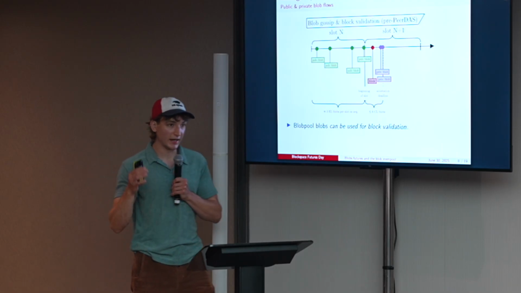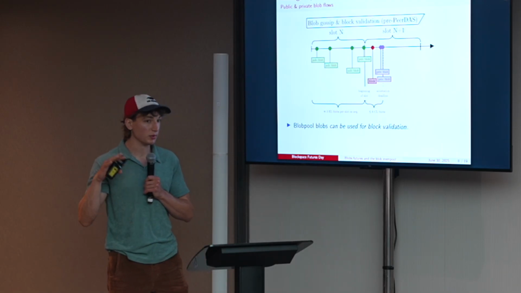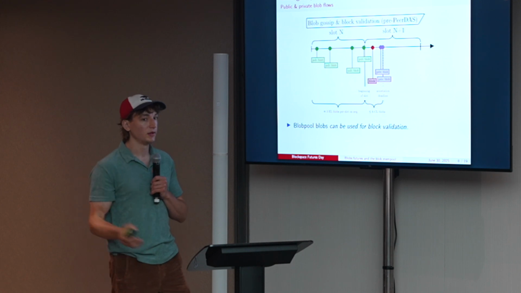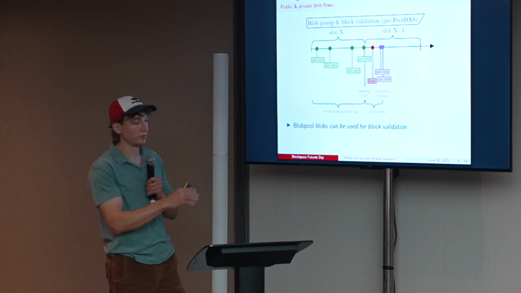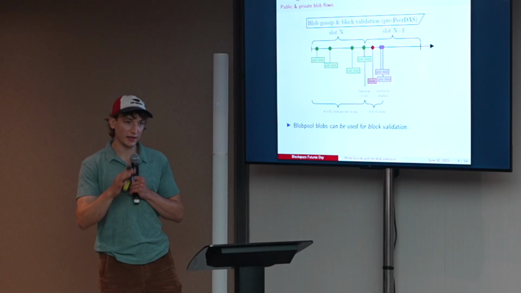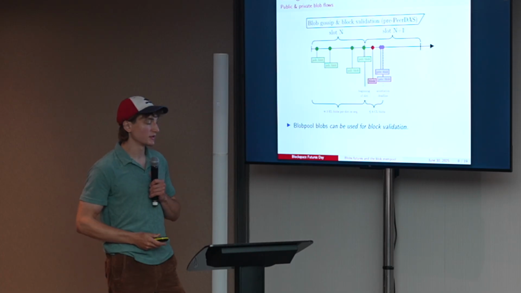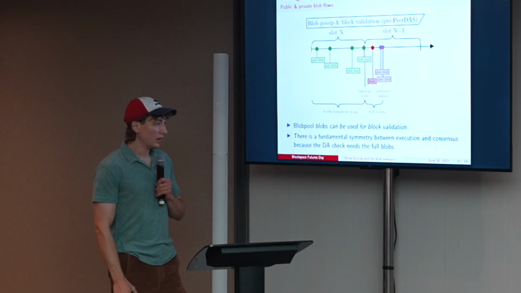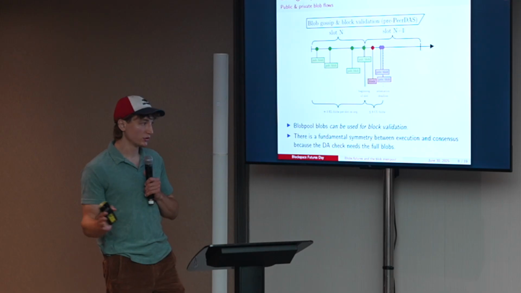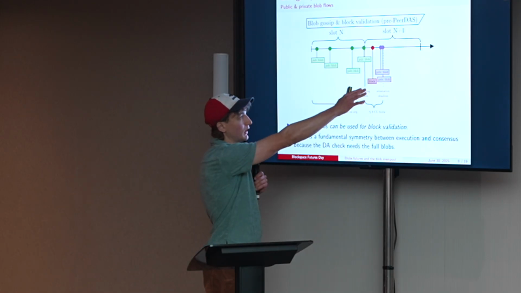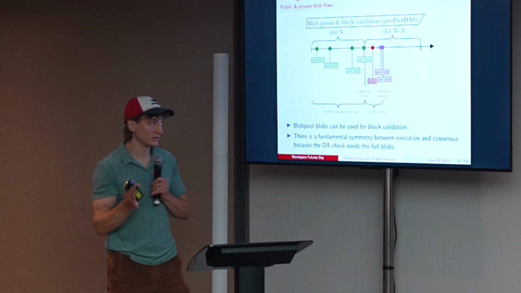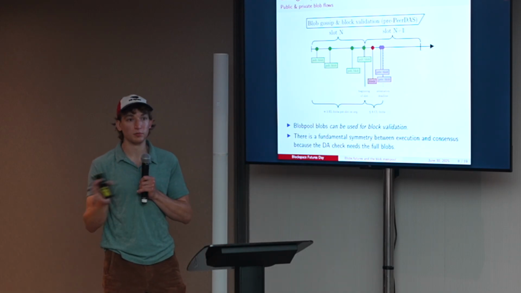And the consensus layer can ask the execution layer, hey, have you seen these blobs? Because I need them to validate my block. The EL will say, yes, I've seen 4 of them, but you have to go download the other 2. And that's how the processing happens. And importantly, there's this fundamental symmetry, which is the types of these 2 processes are the same. Namely, they're the full blob, right?